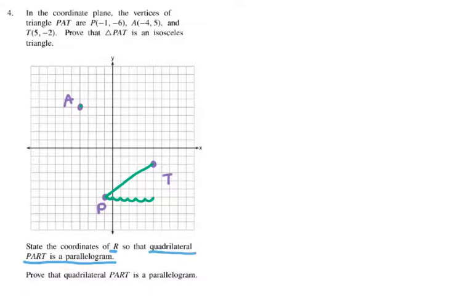From point A, I need to move 6 over, 1, 2, 3, 4, 5, 6. And then I need to move up 1, 2, 3, 4. And I can find my point R. Take the time when counting the boxes here to make sure you get the right point. So the coordinates for point R are going to be 2, 9.